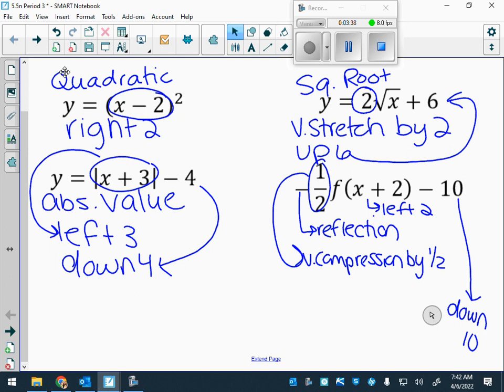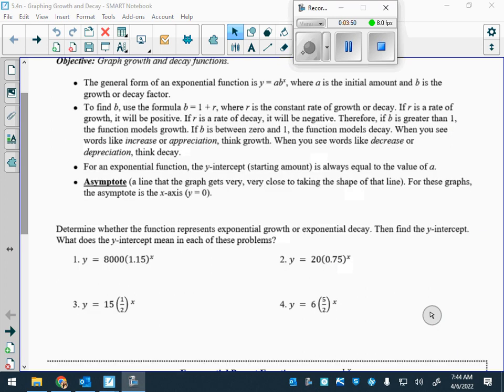But it's to recall this information. Recall our transformations and how we move the graph if you're given a new function. So that's what we're getting into today, just so you see what the graphs look like.